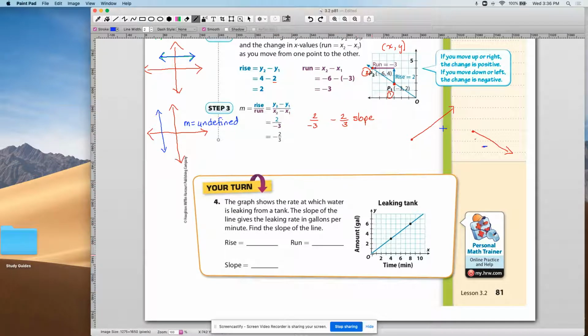Okay, so as time goes on, the amount of water leaving the tank is going up. As we go from left to right, this line is going up, so we know it's a positive slope.